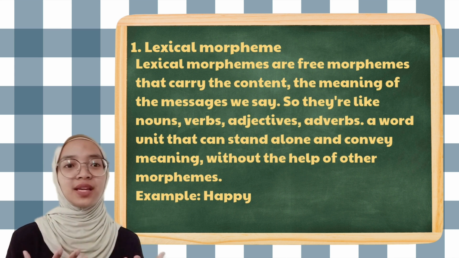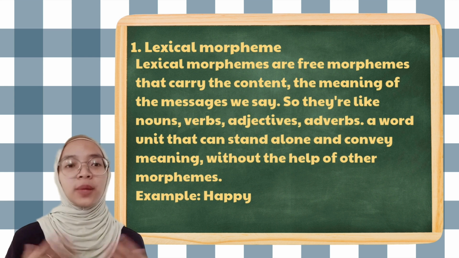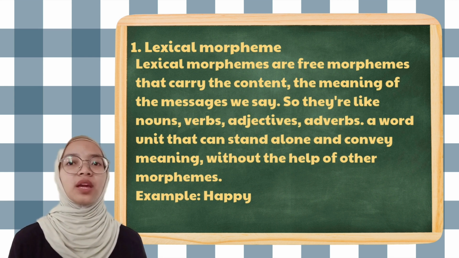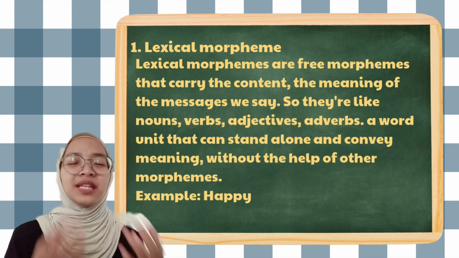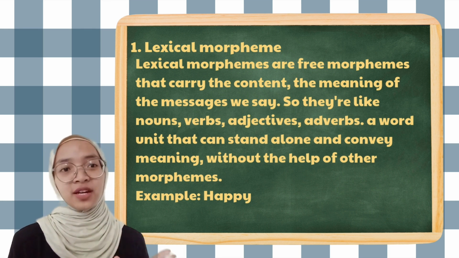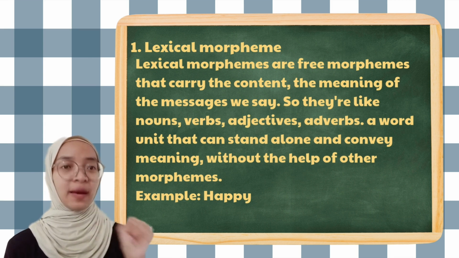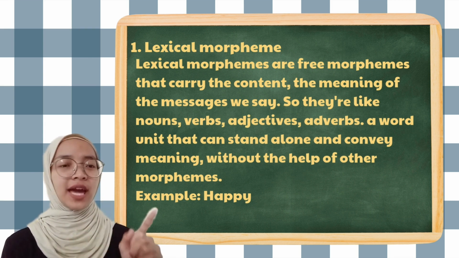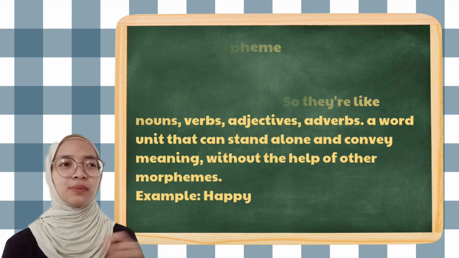They are pretty easy to define and they are open class. Our unit that can stand alone and convey meaning without the help of other morphemes. For example, the word happy is free and cannot be divided into a smaller unit.